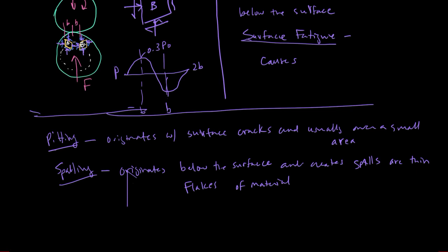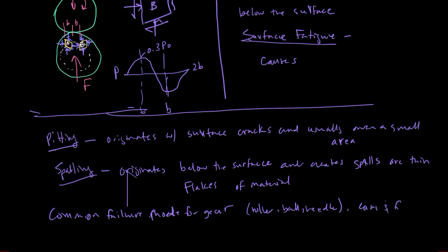And this is a common failure mode for gears. Both roller elements, or roller bearings, ball bearings, needle bearings, cams and followers, and wheels on rails.